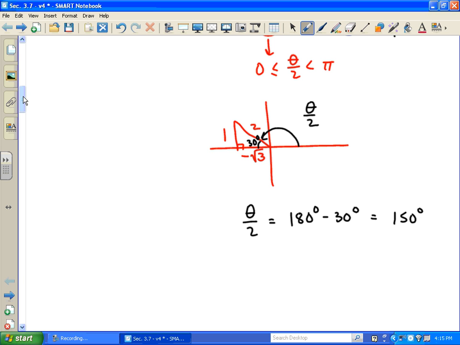Now we're wanting our answers in radians, so I'm going to rewrite that, theta over 2, 150 degrees in radians. We can think about pi as being 6 pi over 6, and this is 1 pi over 6 units away, so this is actually 5 pi over 6. So theta over 2 is equal to 5 pi over 6.